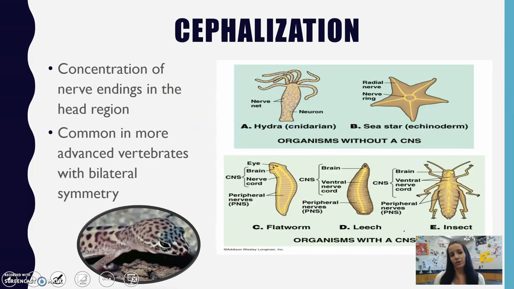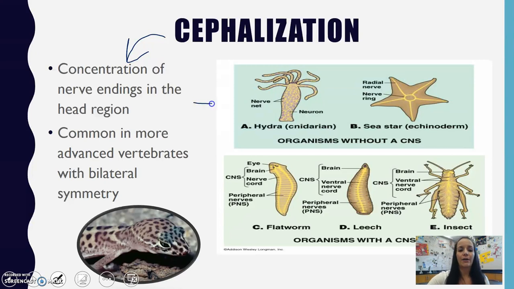Another term that goes along with symmetry is cephalization. So cephalization itself is the concentration of nerve endings in the head region. Now this only exists in advanced vertebrates or invertebrates that have bilateral symmetry.